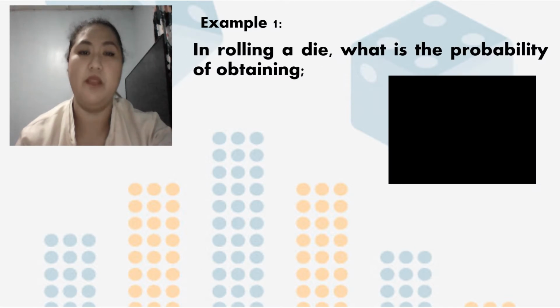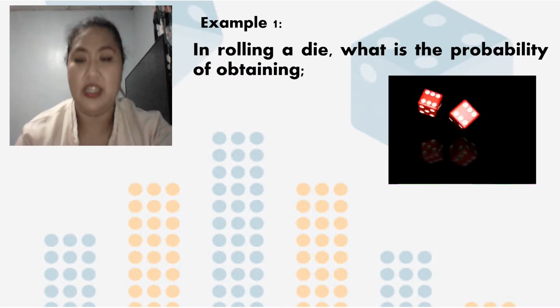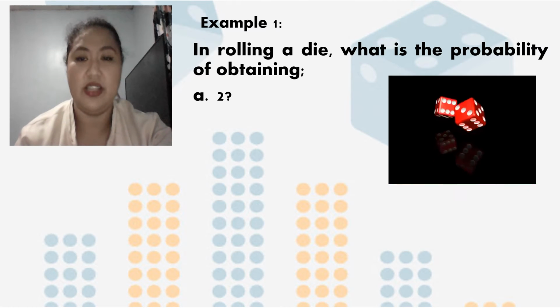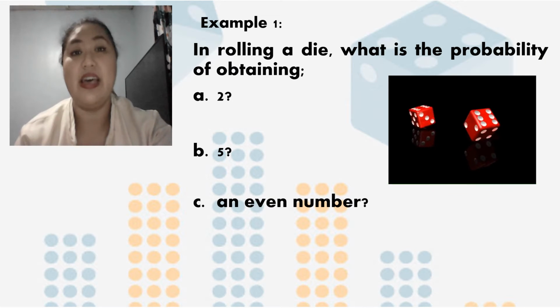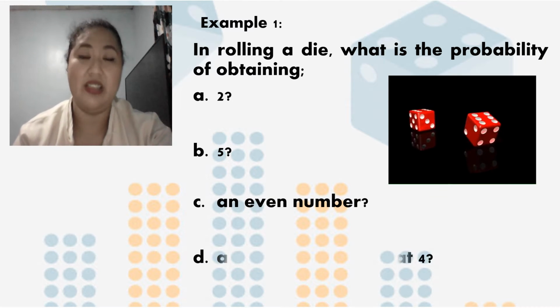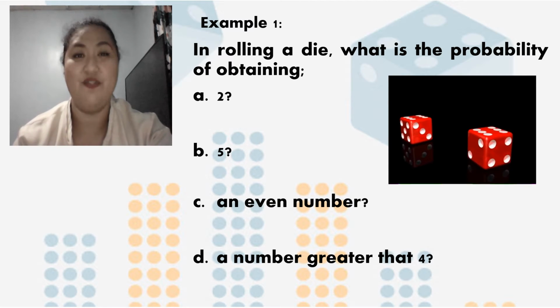So here's the problem. In rolling a die, what is the probability of obtaining? Letter A, 2, letter B, obtaining 5, letter C, obtaining an even number, and letter D, obtaining a number that is greater than 4.